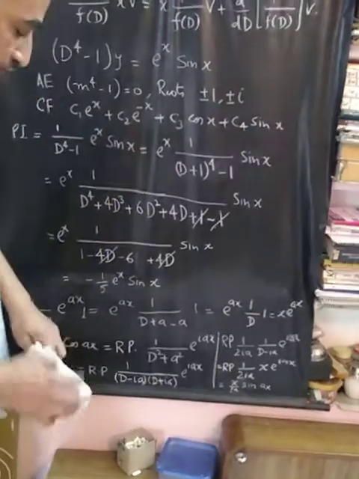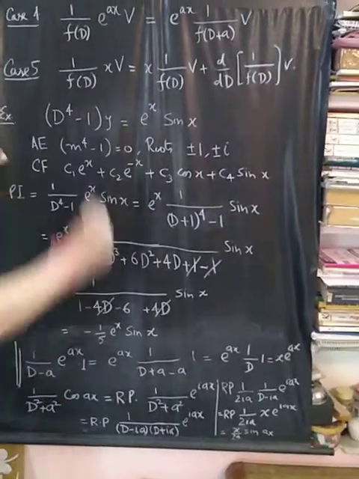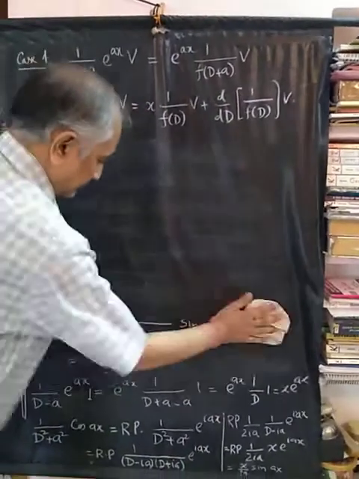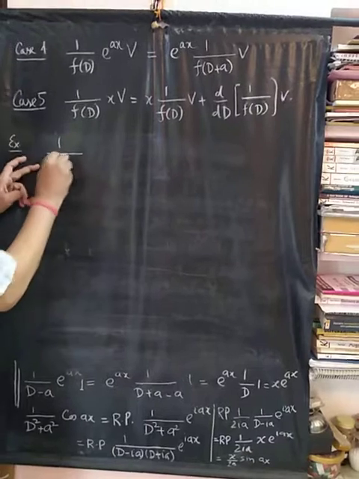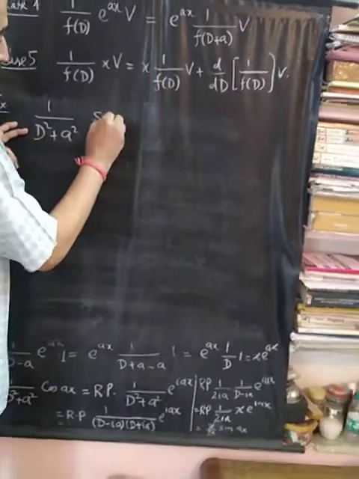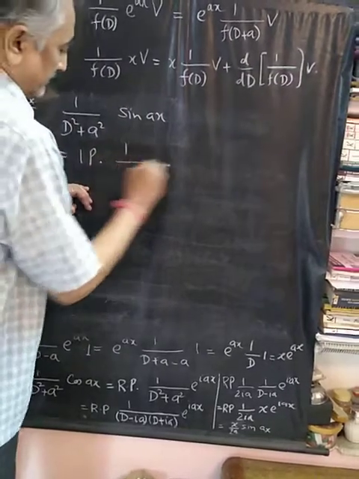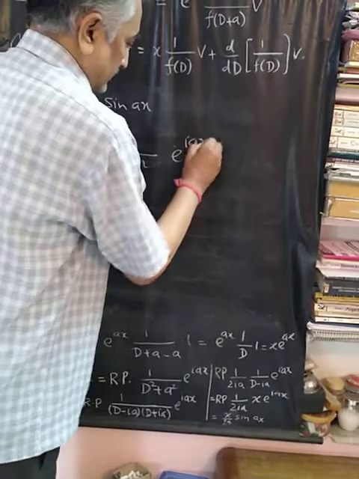From here we can also find the corresponding formula for 1 upon D square plus a square on sin ax. So you have that 1 upon D square plus a square on sin ax is the imaginary part of 1 upon D square plus a square on this.